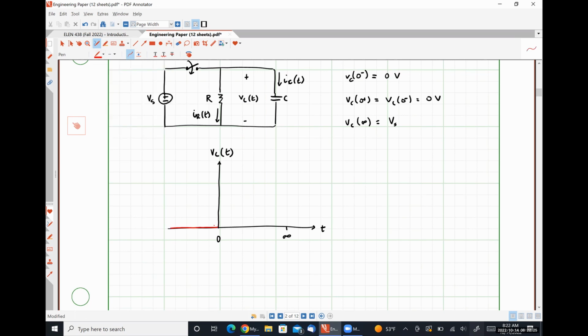So our value is 0 all the way up until we hit t is equal to 0. We know that we're going to have a value of VS once t reaches infinity, or really 5 time constants. What do you think is going to happen in between?